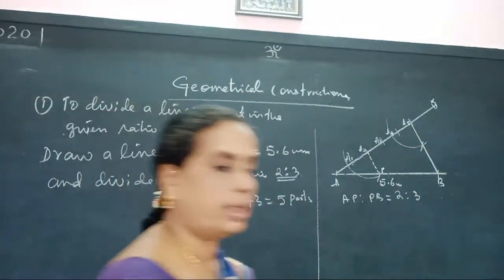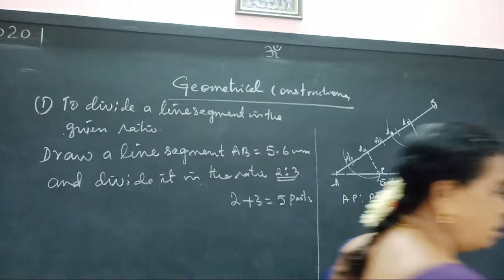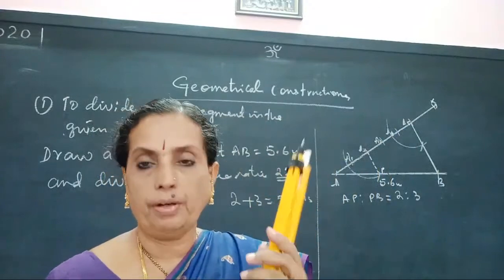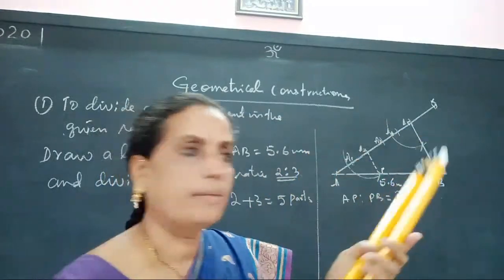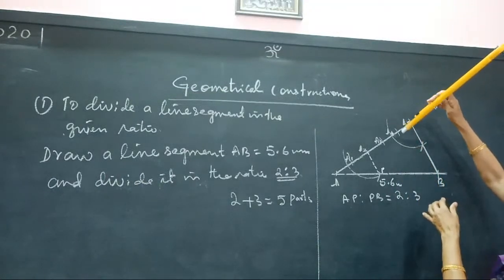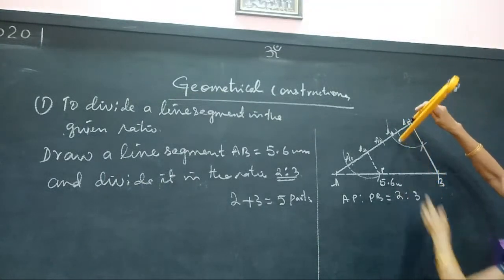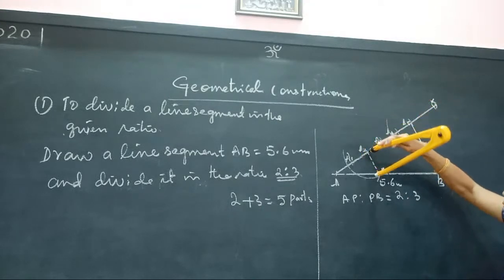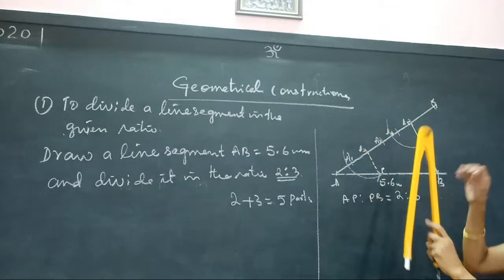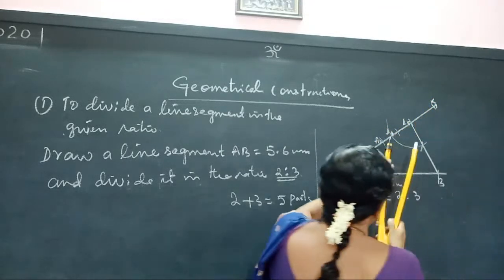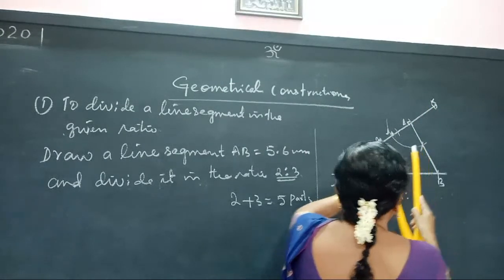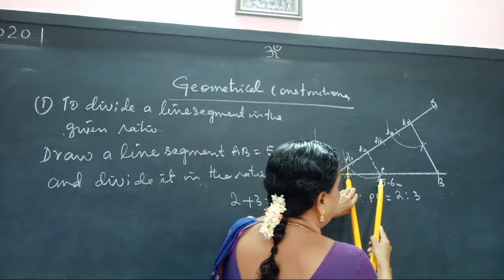Now with convenient radius in your compass, draw an arc like this. Okay? Same arc from A2 you have to draw. Same arc. Now take this width from here to here and cut off the edge of this arc here.